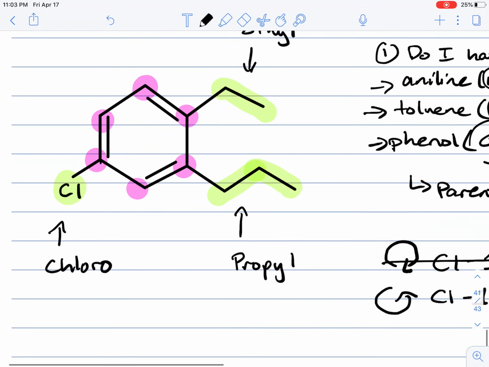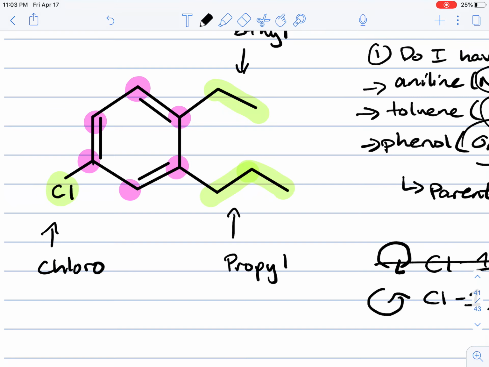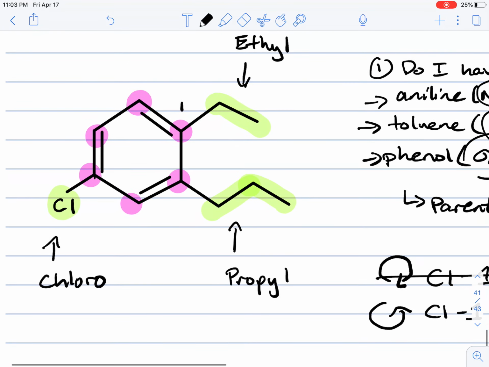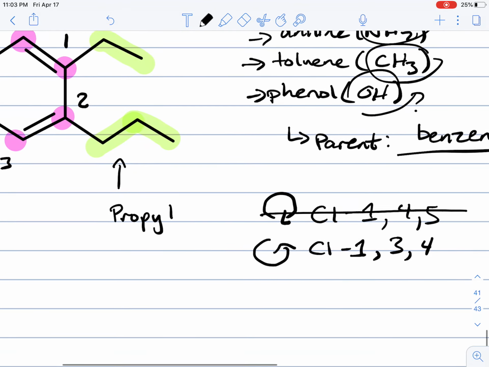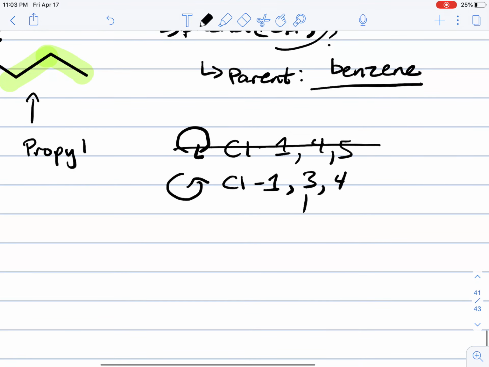And so I'm going to just assume that ethyl is going to be carbon 1. And if I go clockwise, I have 1, 2, 3, 4, 5, 6. Maybe I should put in here chlorine, propyl, and then ethyl.